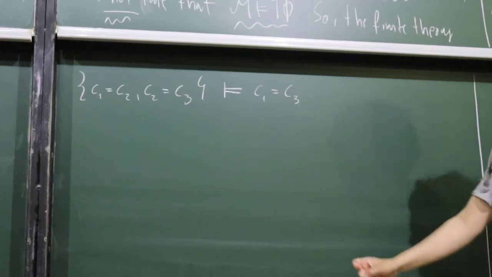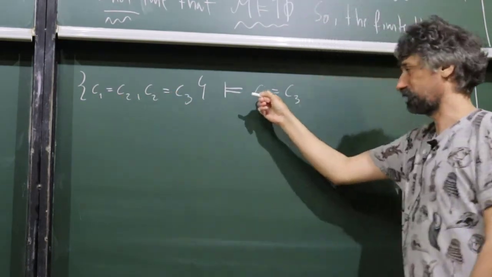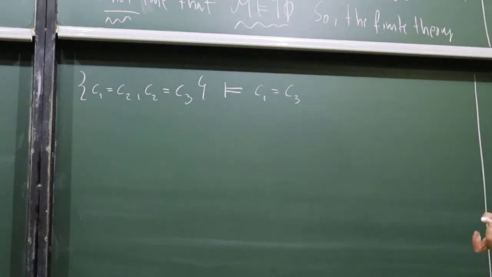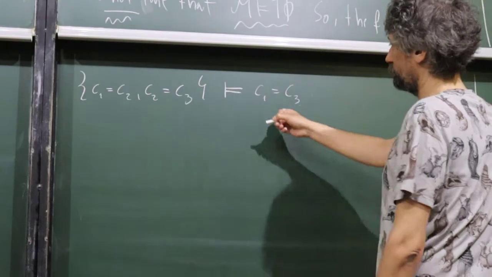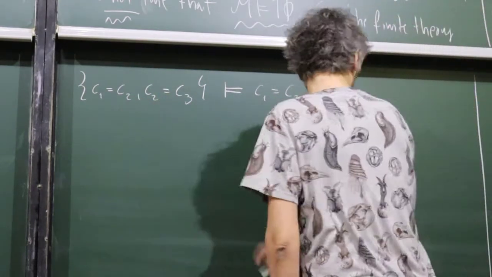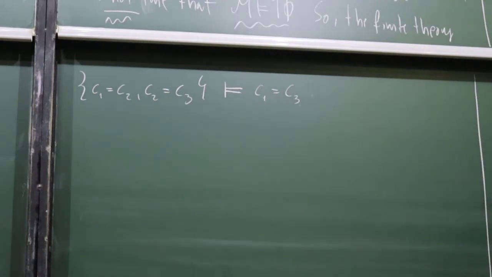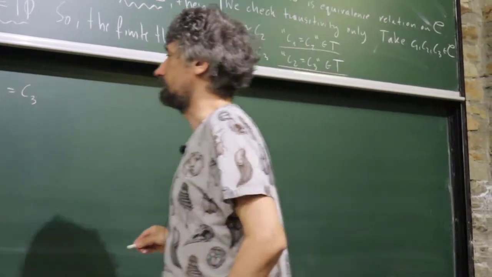Yes, in any model, if C1 equals C2 and C2 equals C3, then of course C1 equals C3, because equality is transitive. So obviously this is a logical consequence of these two things.